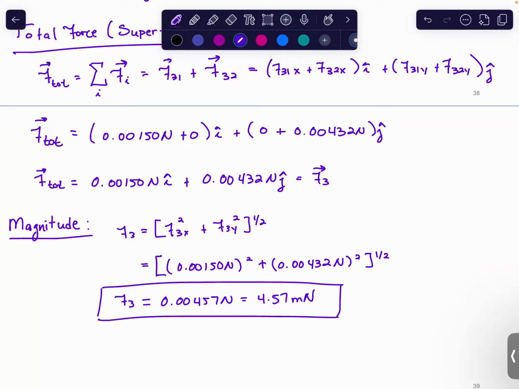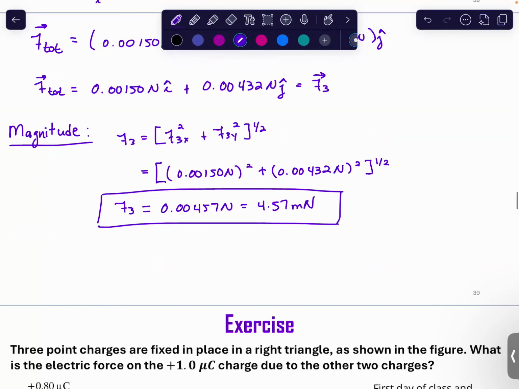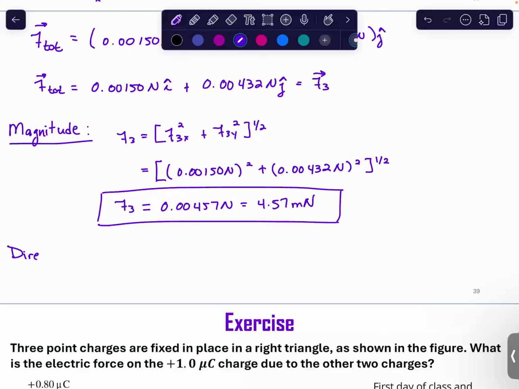Now, what else do we need for this vector? Direction. So remember our direction. The inverse tangent of y over x.